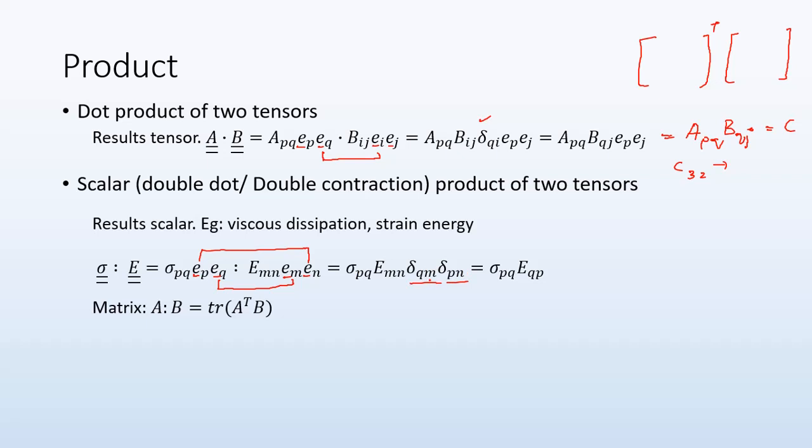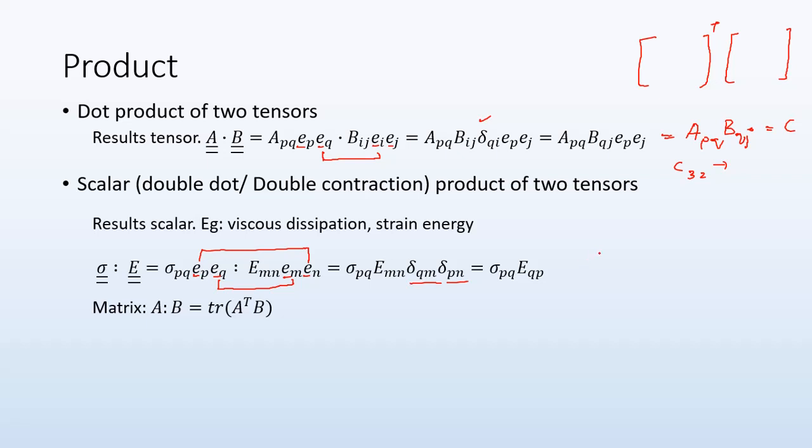So I can easily replace all the M's with Q's and all the N's with P's and write sigma_PQ E_QP. Here both P and Q are dummy indices, so they just add over. You don't have any free components, they just add over.